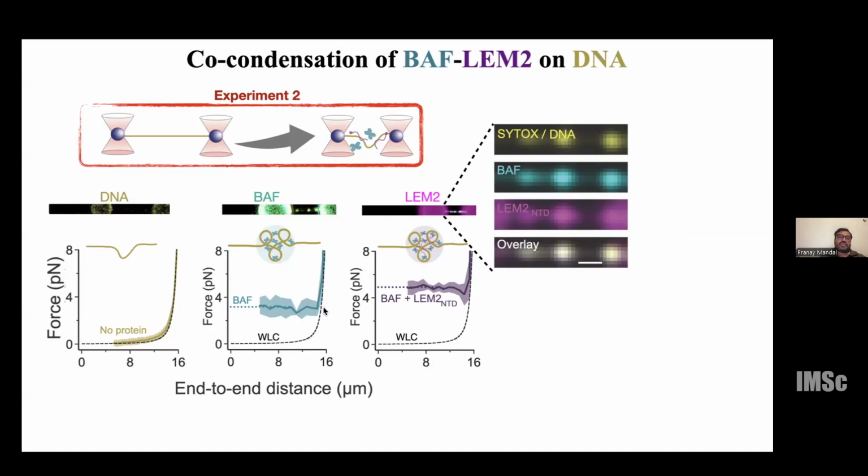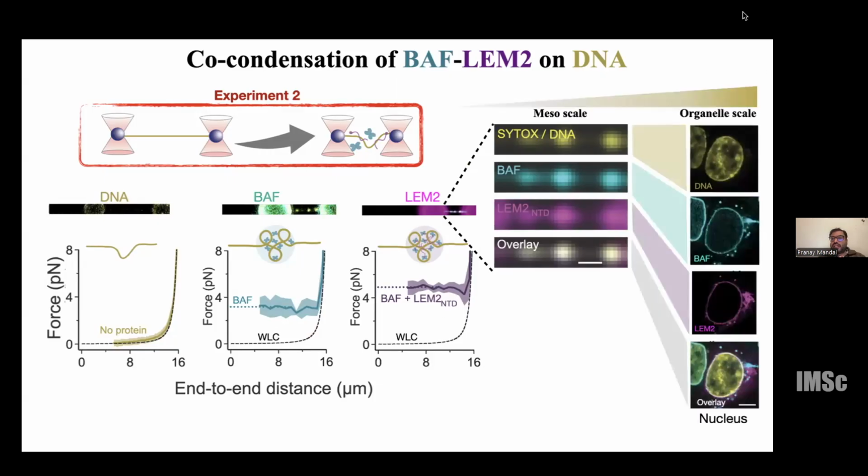This is because the extra slack that we are giving in the system actually goes into the co-condensate formation, and the system always maintains this minimum value. Depending on the protein combinations, this saturation force differs, and we can also find out the co-condensation energy from this.